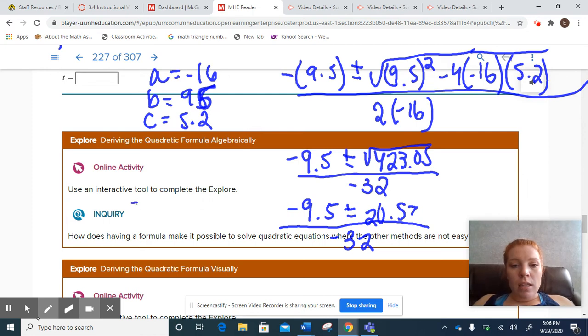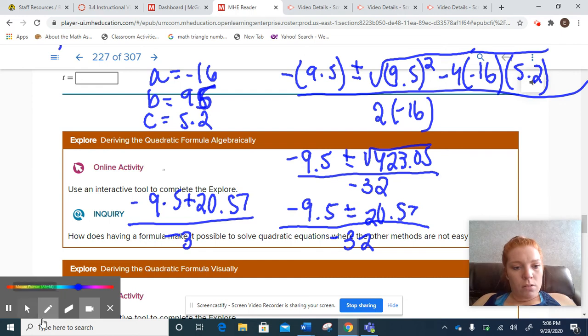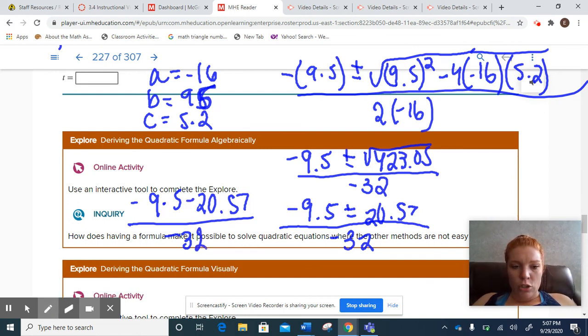So I'm going to just take negative 9.5 plus 20.57 divided by negative 30. Oh, that's not the one I want. That negative is going to throw a wrench in things, because I'm going to have a positive number on the top and a negative number on the bottom, and that's going to give me a negative number. So I do want the minus sign. So let's erase this and put the minus sign back in, because that's the one I actually want.